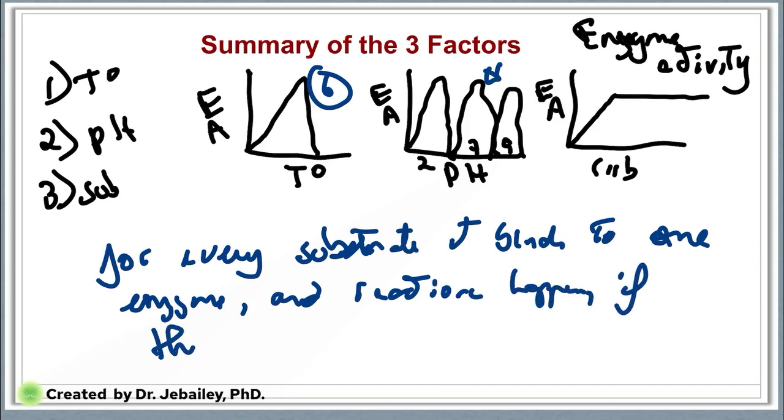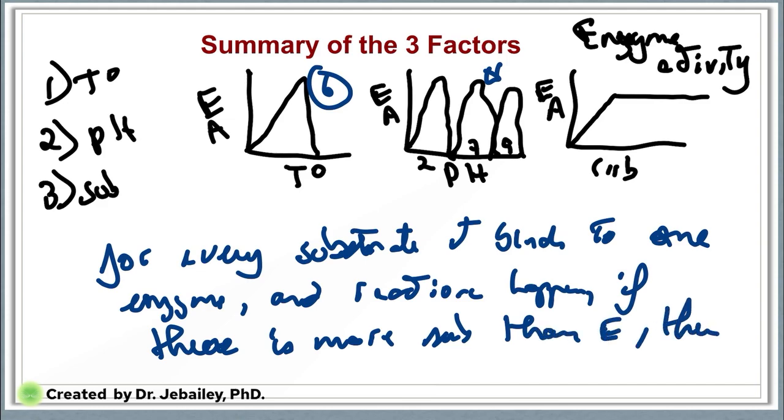If there is more substrate, I'm going to put just sub, than enzyme, then the reaction will plateau. So for every substrate, there's an enzyme. If you have more substrate than an enzyme, then the reaction will plateau.